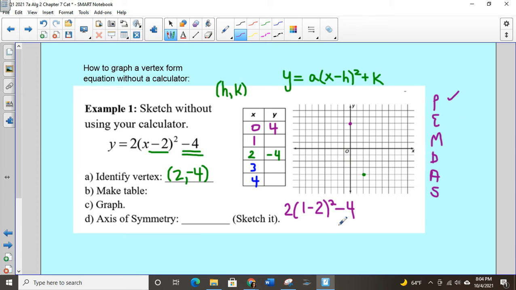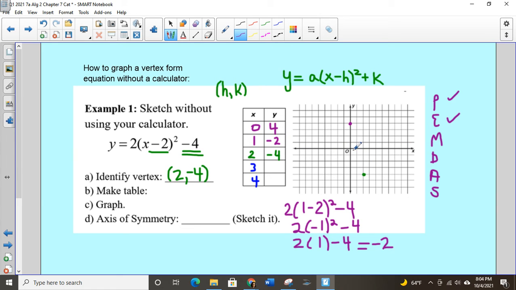That takes care of parentheses. Now we have to see what -1 squared is. What is -1 squared? Hopefully you said 1. So that takes care of exponent. Then we're going to go 2 times 1 minus 4. And what will your final answer be for that? Hopefully you said -2.